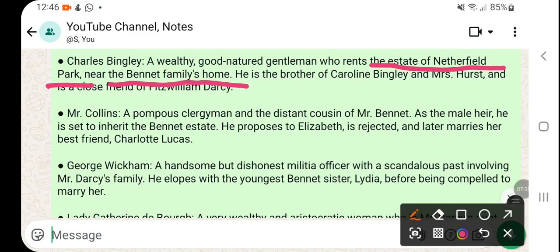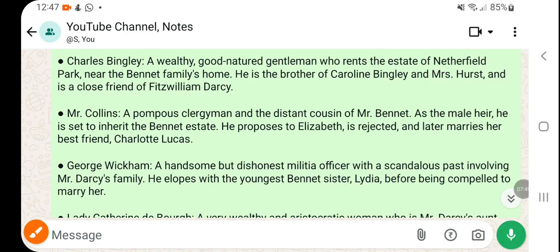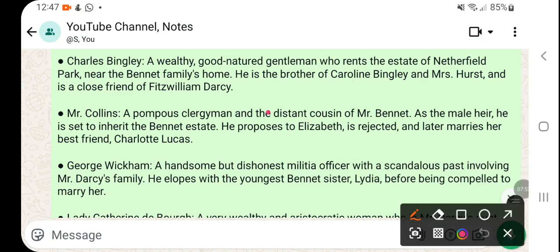Now, he is the brother of Caroline Bingley and Mrs. Hertz. Why? Because Mrs. Hertz is married and Caroline Bingley is unmarried, right? And he is a close friend of Fitzwilliam Darcy. So in Netherfield Park, who is coming?